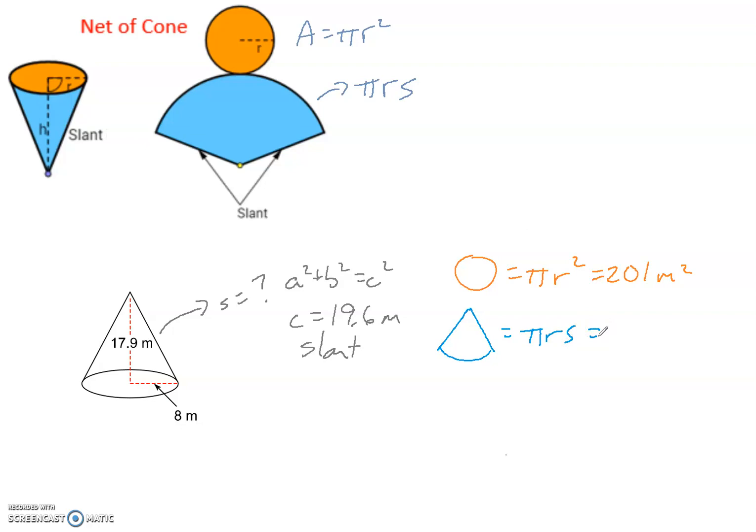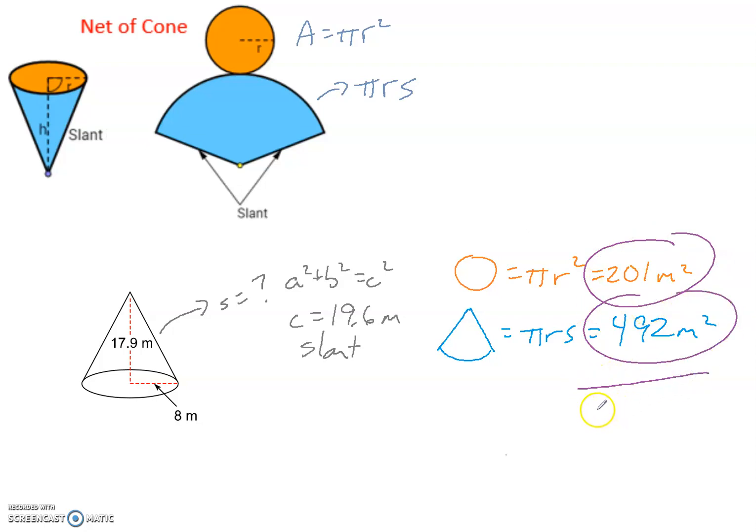My radius is 8, and I found my slant value of 19.6, and I put those together, and then the area of the outside part will be, give or take, about 492 meters squared. So that's all the pieces. So all I have to do now is take my two main areas, add them up, and I've got about 693 meters squared for everything.